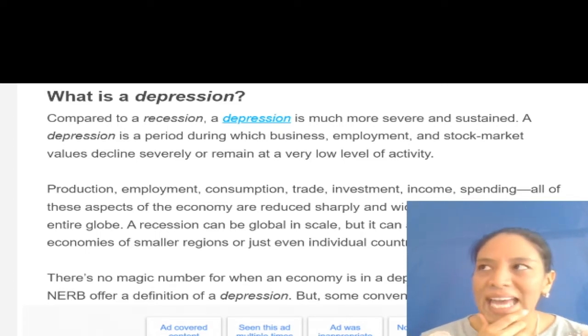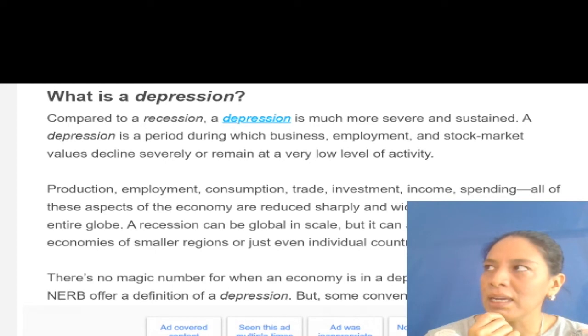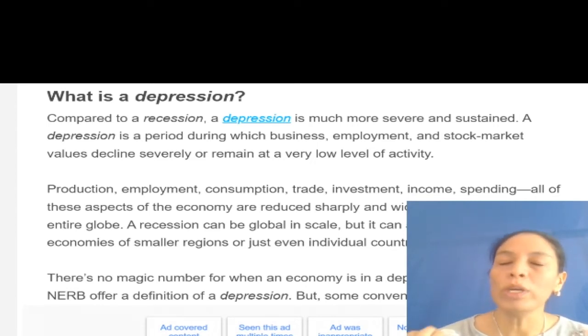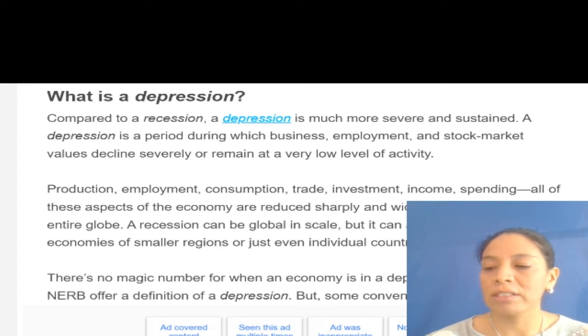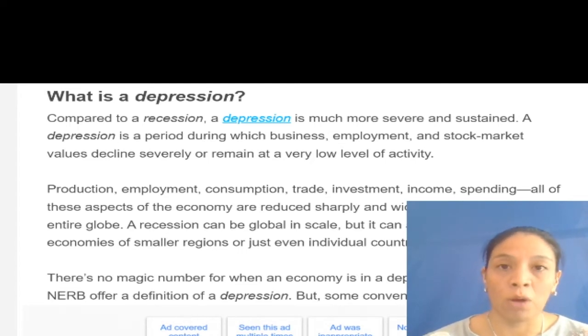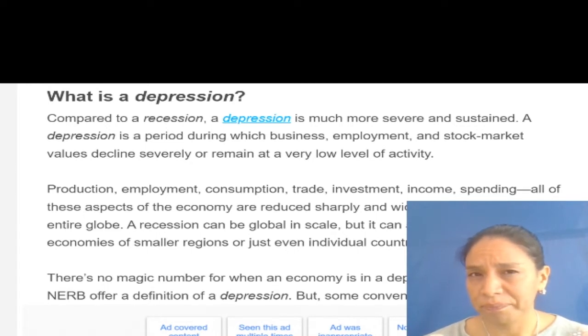Now, just as we said, when you have a maintained contraction of the economy for 2 trimesters, we have a recession. Now, we're going to see how long it takes to be considered a depression. We do not know how things are going to develop, and we don't know for sure how long they're going to last.